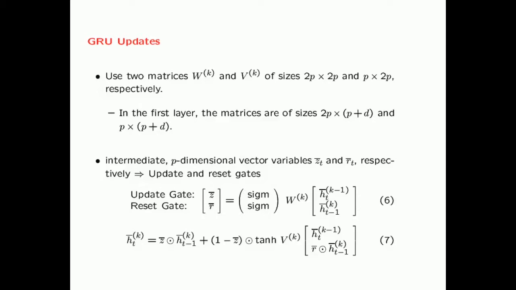Here you can see you are doing an element-wise multiplication of the Z vector with the hidden state in the previous time frame, which tells you how much of the hidden state to copy from layer to layer, and then you use 1 minus Z multiplied by a matrix multiplication based update. This matrix multiplication based update is also slightly modified because, as you can see, you are using a reset gate for the previous timestamp.